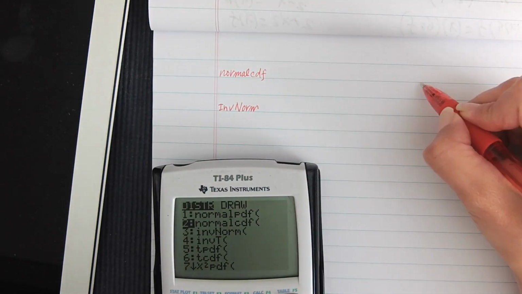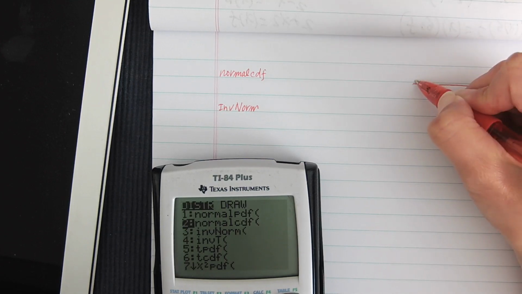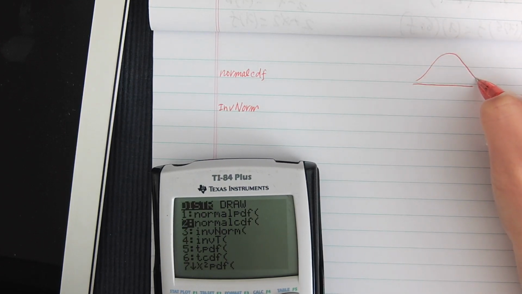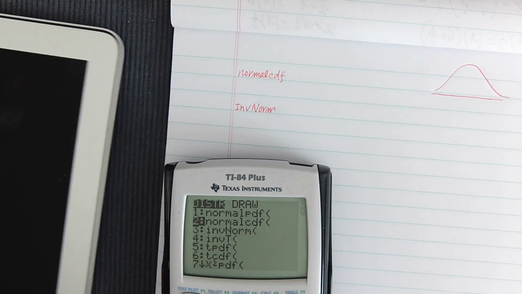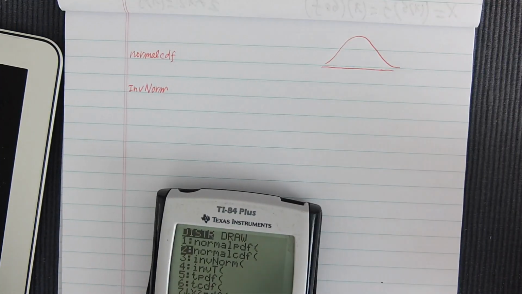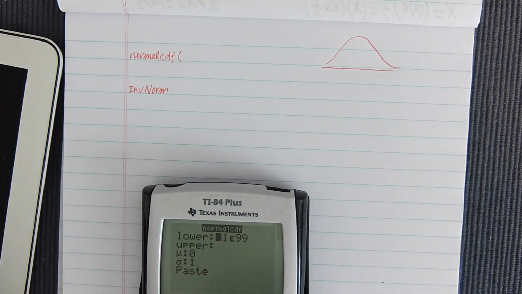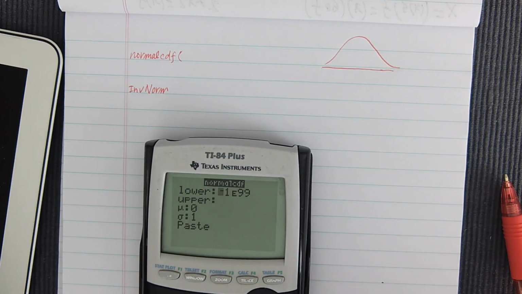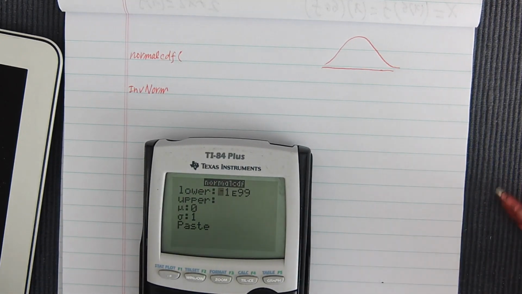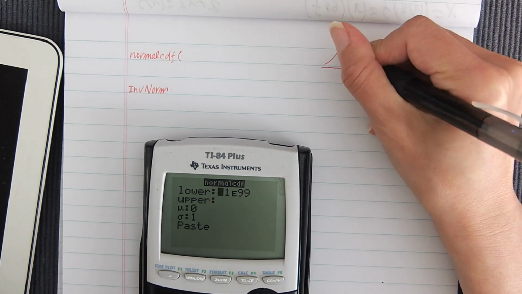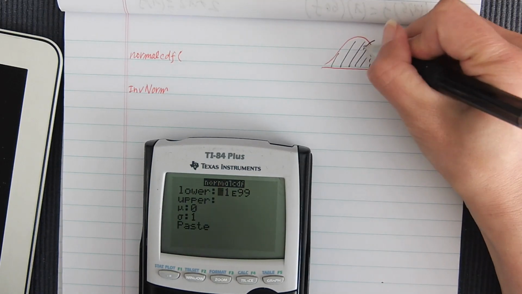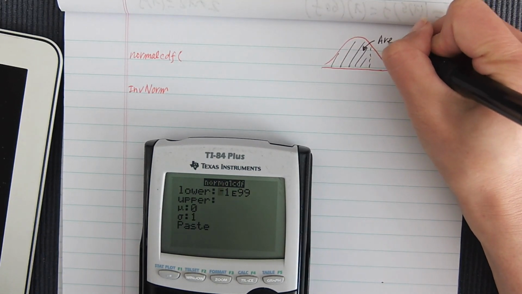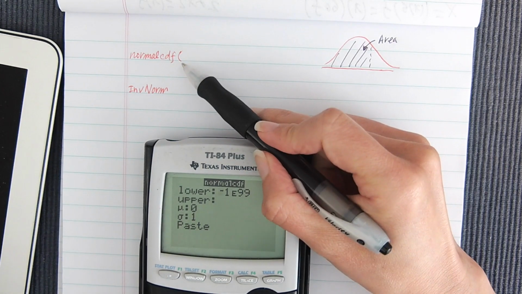Okay, so here is a bell shape, and here is where you use normal CDF. When is that? If you need to find an area, right, I need a normal CDF.